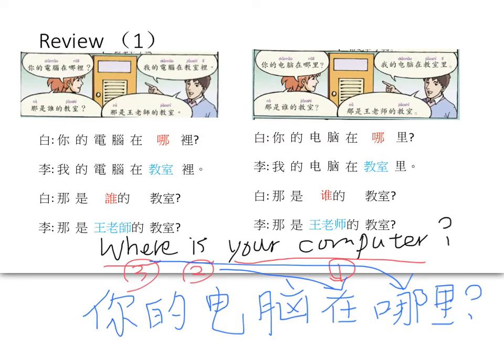And to answer this question, you will reply in the word order that you would also use in English. So in reply, you will want to say 我的 my 电脑 computer 在 is at 教室里 inside the classroom.